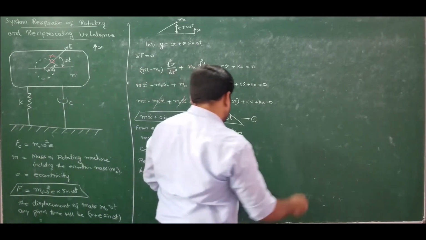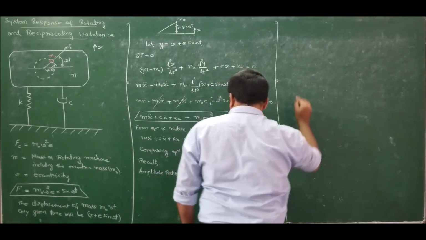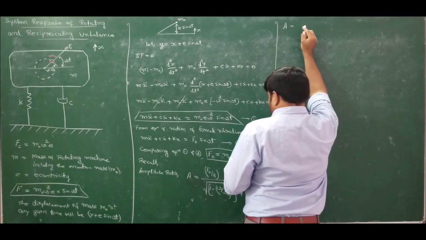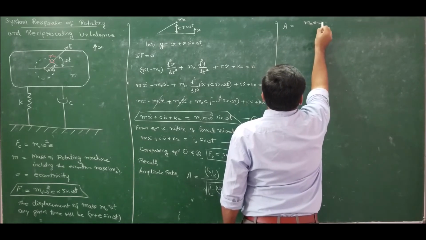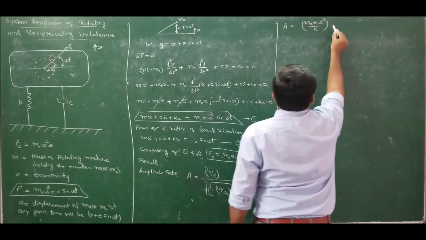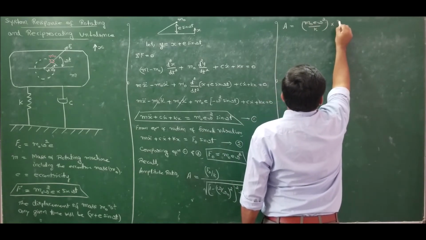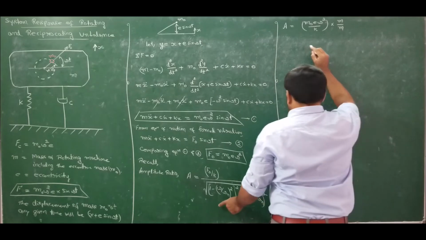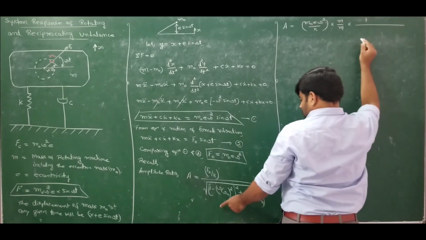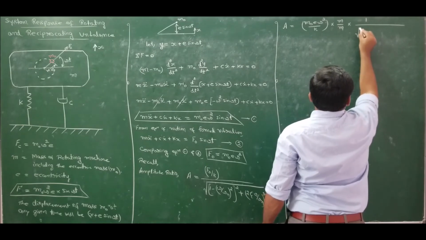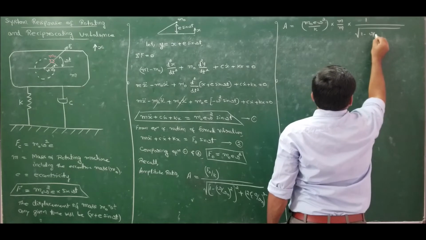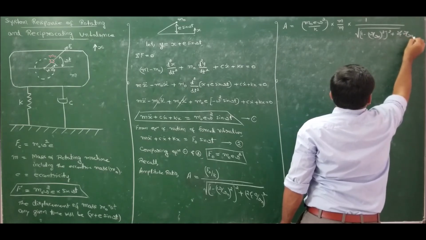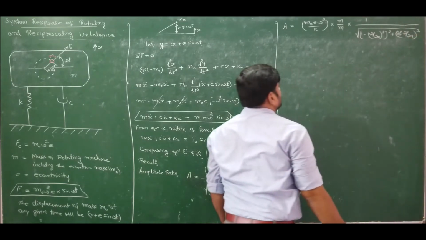If I substitute F naught, the amplitude of vibration A is equal to m naught e omega square by K. I will multiply and divide by the overall mass m for simplification, into 1 divided by square root of 1 minus omega by omega n whole square plus 2 zeta omega by omega n whole square, right?